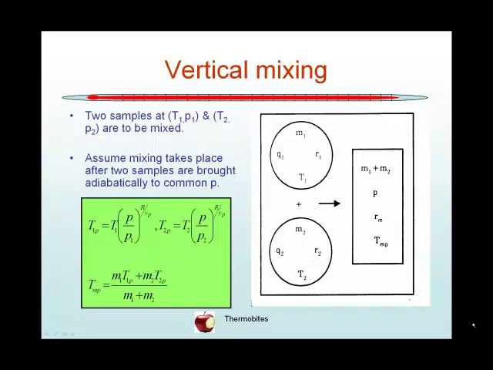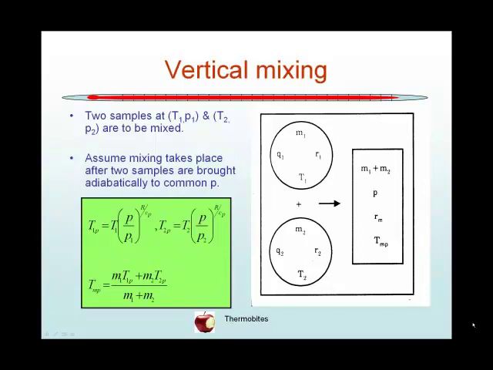So assume the mixing takes place after the two samples are brought adiabatically to a common pressure, and so we can write then the temperature of the first air mass 1 at this pressure and use Poisson's equation as shown, and then the second air mass is brought down to the same pressure, and so it has a new temperature after that mixing in the vertical.